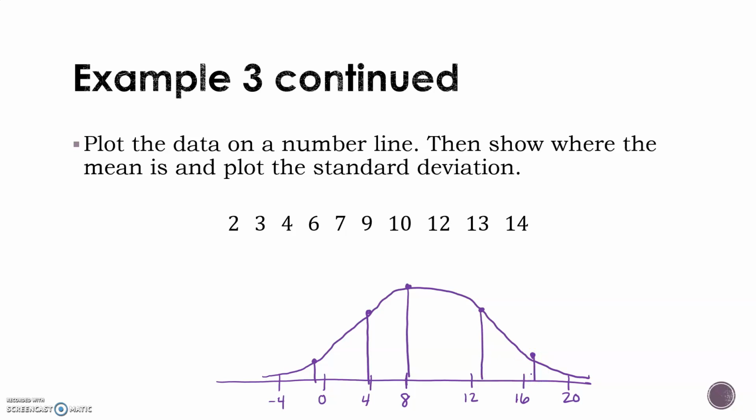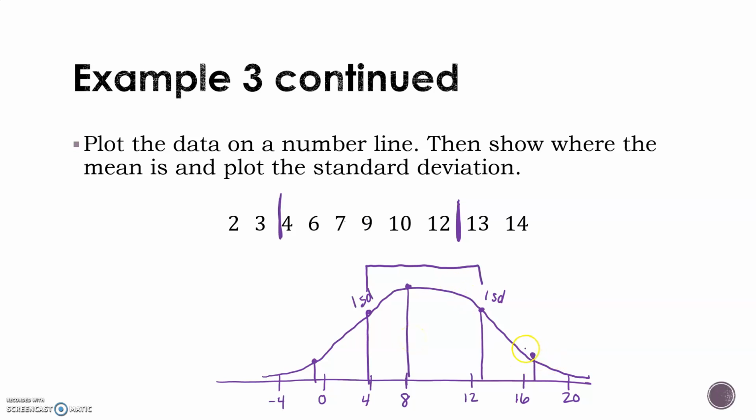So the idea of standard deviation is that the majority of our data points should fall within one standard deviation. So this one is one standard deviation away, and this is also one standard deviation away. So 4 fits into that, and 12. And if I look at this, 1, 2, 3, 4, 5, 6 of my 10 points fall within one standard deviation away from the mean. They're all very close.